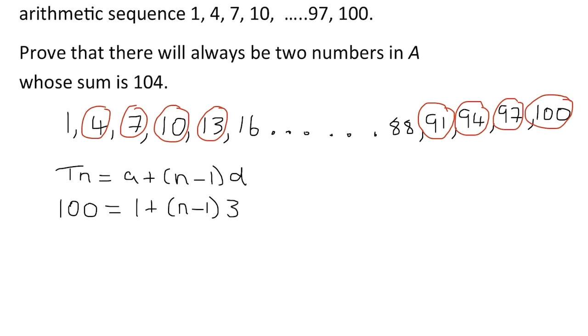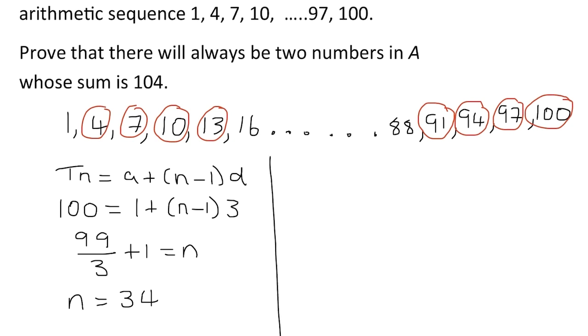We want to find n to see how many terms are in this sequence. So 100 minus 1 will be 99, divided by 3, plus 1 is equal to n. Then we get n will be 33 plus 1, which is 34. So there are 34 terms in this arithmetic sequence.